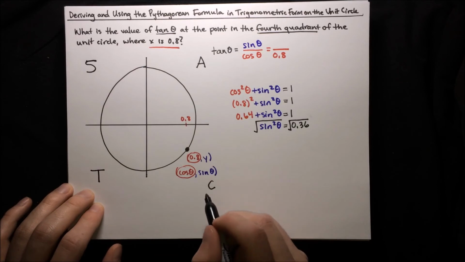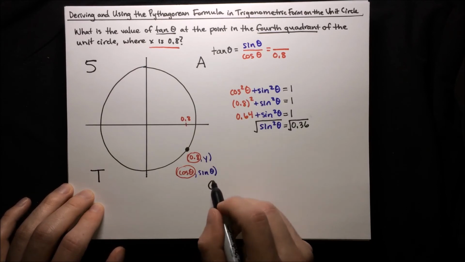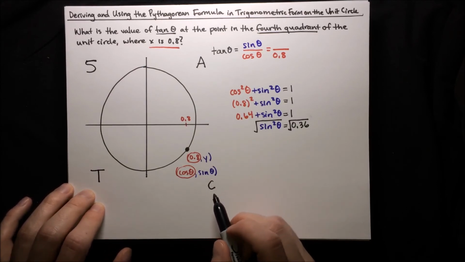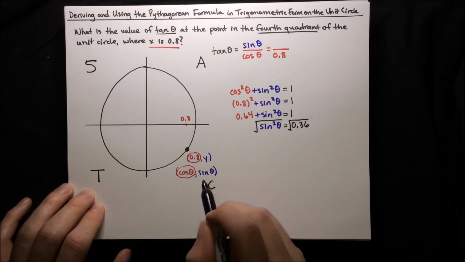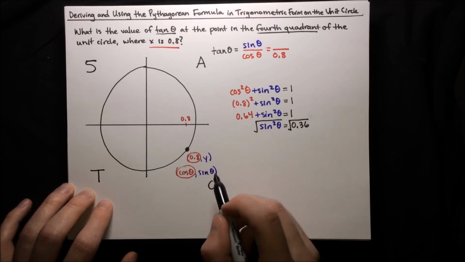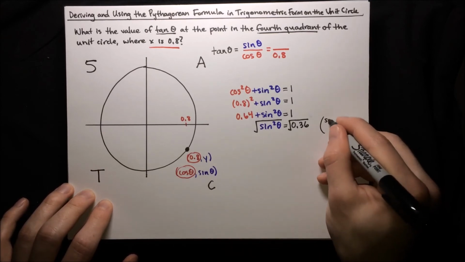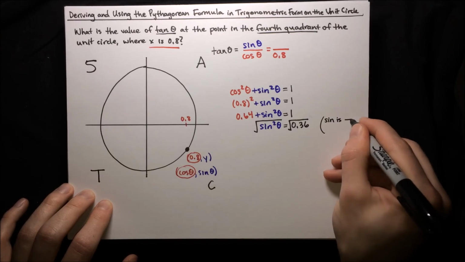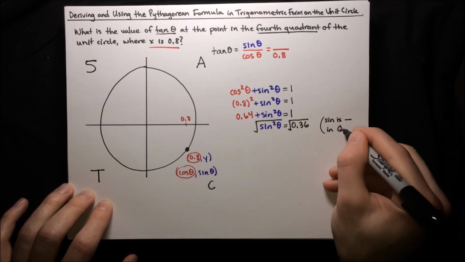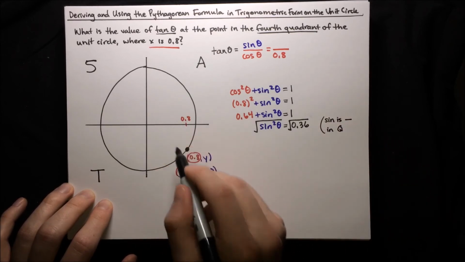We're in the C quadrant here, which tells us that cosine is the only one that's positive. So that means sine is negative, and we want the negative root here. So sine is negative in quadrant 4.